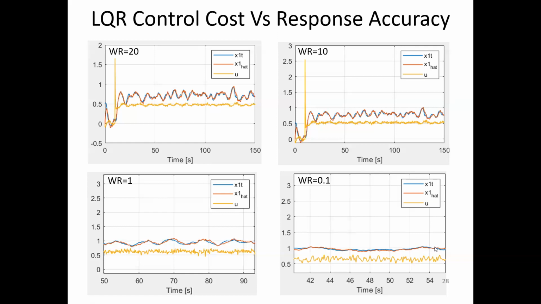So that's why you got somewhat better performance up front, but when you increase the cost for the control signal, you saw the deterioration of the signal. Error increased. WR of 20, the weight for the cost, is the worst here, but it gradually improves when you have a lowered cost for the control signal, like 10, 1, and 0.1.